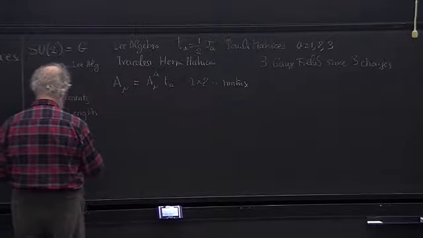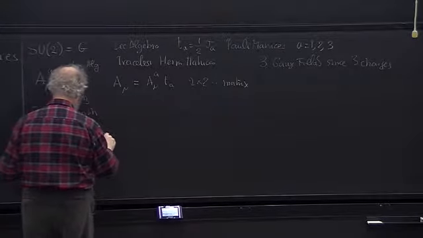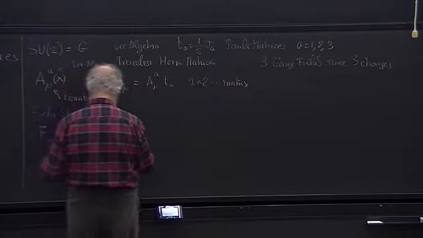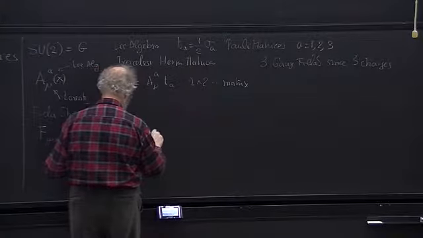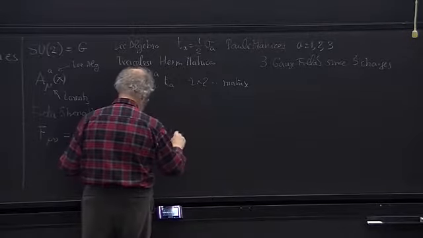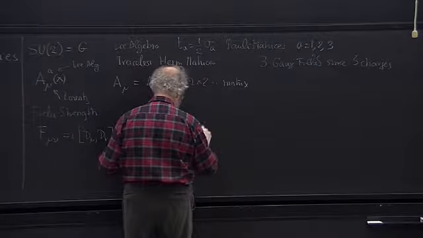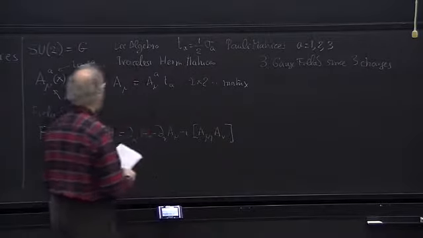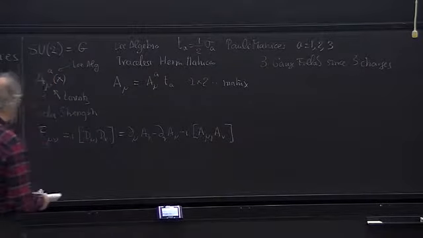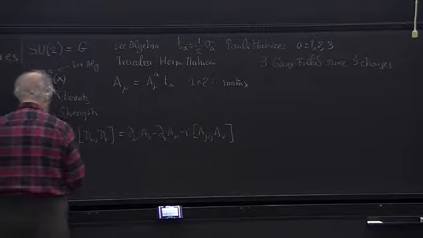So it's i times the commutator of D_mu and D_nu, and therefore it's d_mu A_nu minus d_nu A_mu minus i, the commutator of the matrix A_mu with the matrix A_nu. Remember, A_mu is a 2 by 2 matrix.